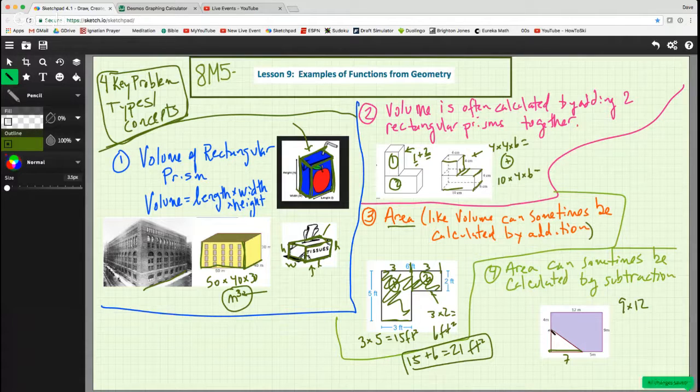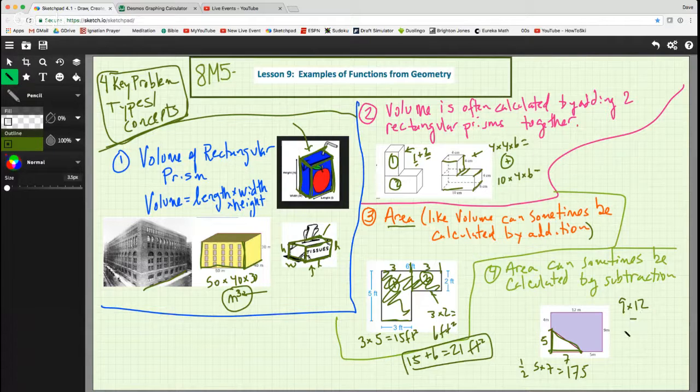And then this piece here is 9 minus 4, which is 5. So the piece we've taken out has a base of 5 and a height of 7, and that's half of base times height, half of 5 times 7, which is 35 over 2, or 17 and a half.